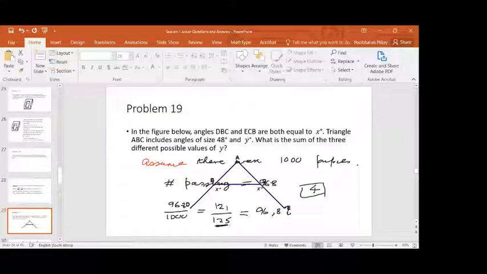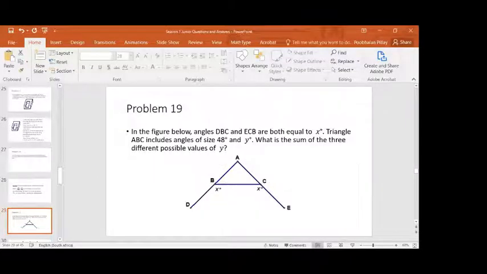Yeah, that's problem number 19. So in this problem, angles DBC and ECB are both equal to x. So you've got, this is x, as you can see, the shape of an A. What is the sum of the three different possible values for y?